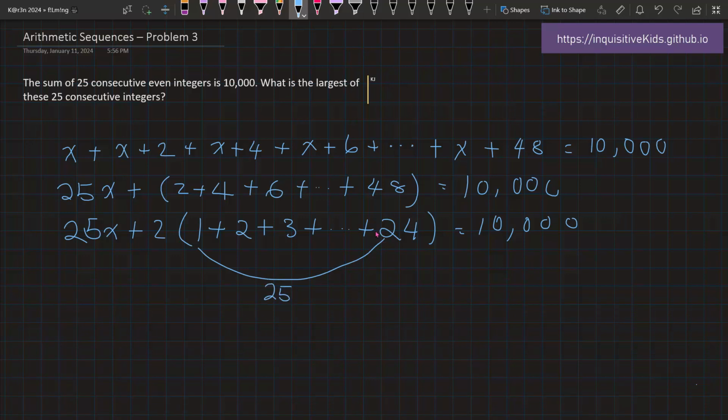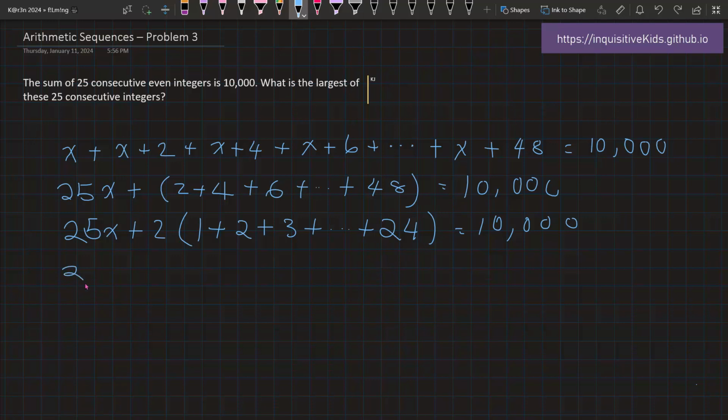We know the number before 24 has to be 23. We can group that with the second number, which is 2. That gives us another group of 25. So we can keep grouping until we get 12 groups of 25. And we know that there are going to be 12 groups of 25 because we are dividing the total number of terms, 24, by 2.